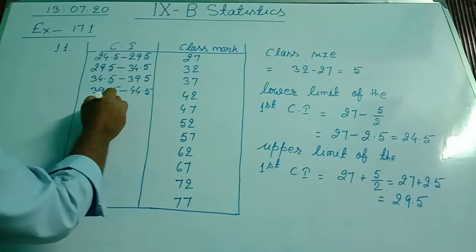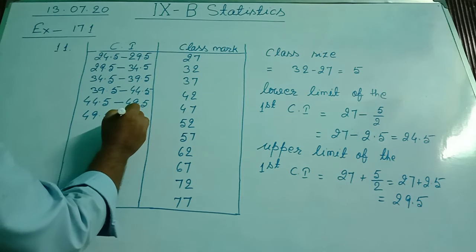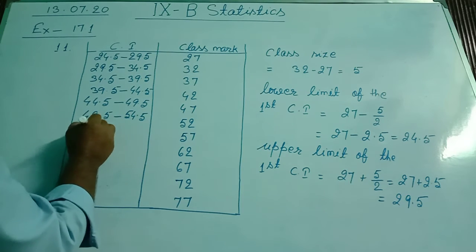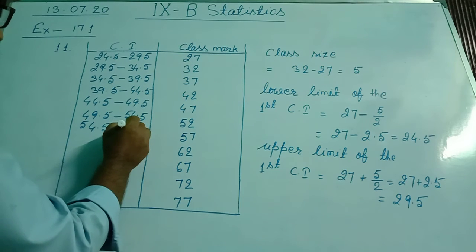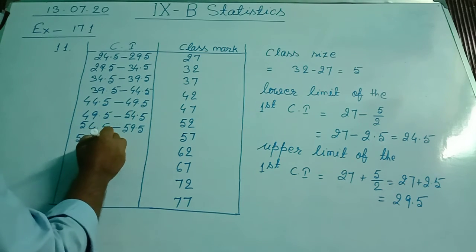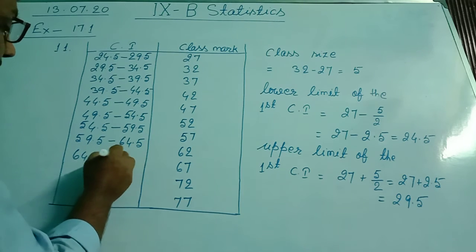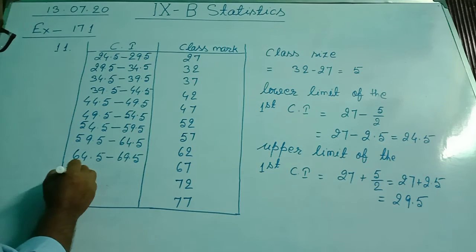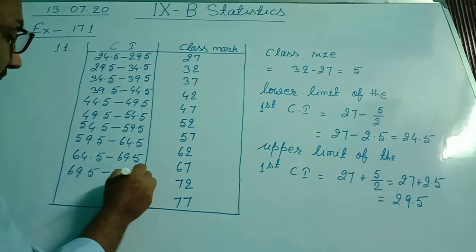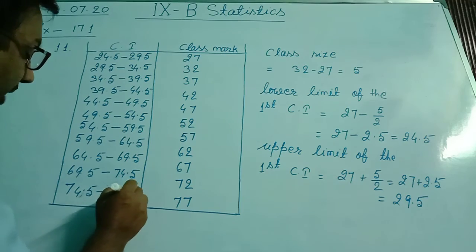Next 44.5 to 49.5, 49.5 plus 5, 54.5, 54.5 to 59.5, 59.5 to 64.5, 64.5 to 69.5, 69.5 plus 5, 74.5, and the last will be 74.5 to 79.5.